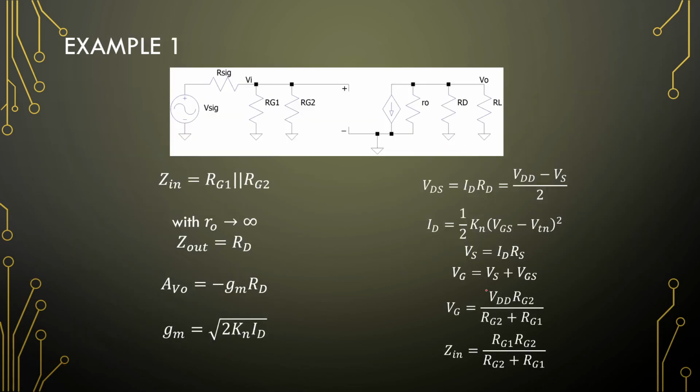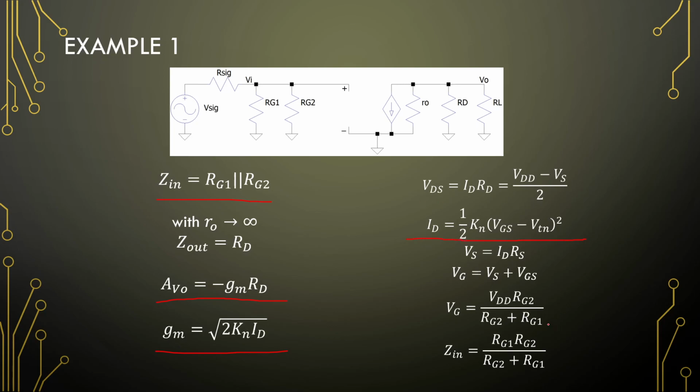Any case, first thing to do, draw your small signal model, and there you will see that RG1 and RG2 are in parallel, giving us our input impedance. You can write down your gain equation. We need the transconductance, and the easier one to use here would be the root of 2 Kn ID. Since the source voltage is a different voltage, VDS is IDRD, VDD minus VS over 2.